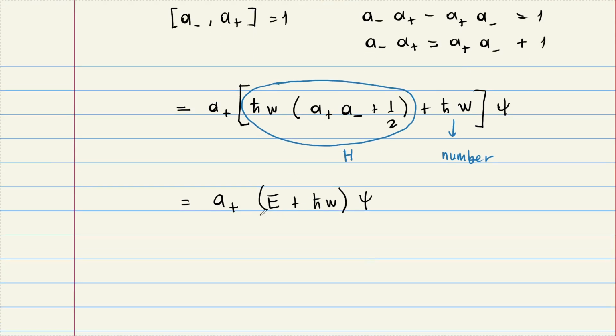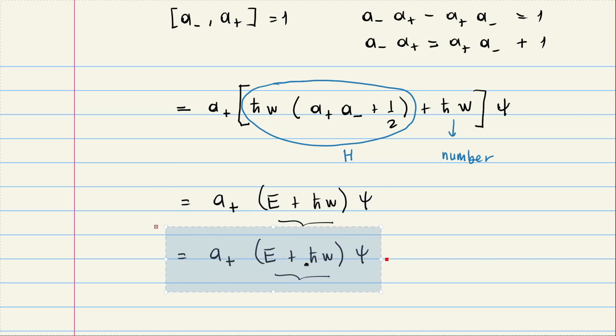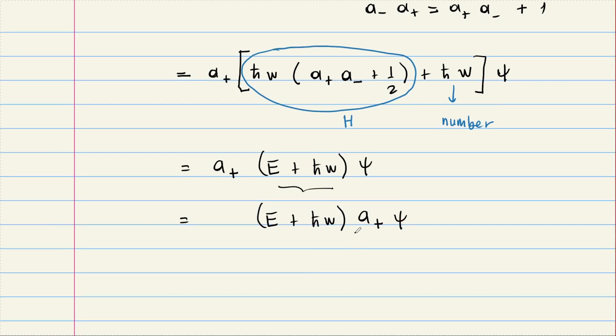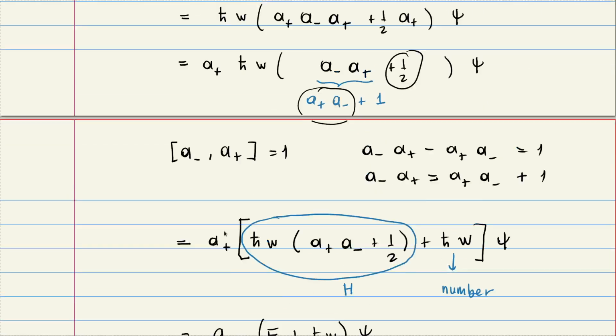Now, this E is a number, h bar omega is a number. This entire thing is a number. And numbers can just go around. So in the last step, I can be real pedantic and rearrange it like this. And this thing, as you can see, was my psi tilde. So I go to the beginning of the calculation.